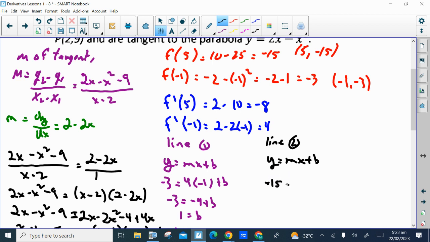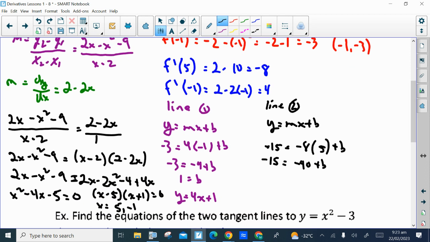So negative 15 is our y value, m the slope is negative 8, x the value is 5, so negative 15 will equal negative 40 plus b. If you add the 40 to both sides, b will be 25, and the equation will be y equals negative 8x plus 25 in slope-intercept form.